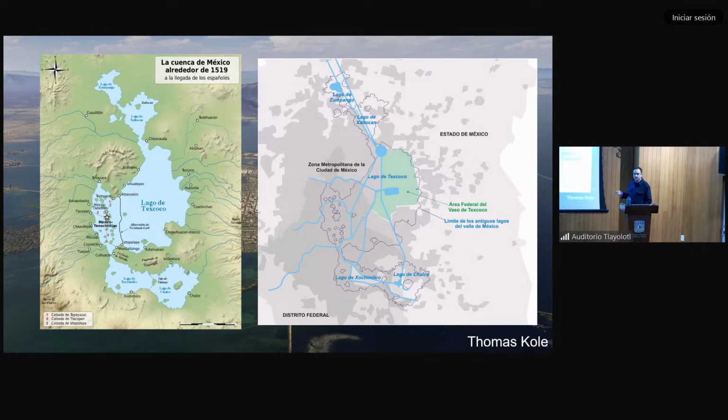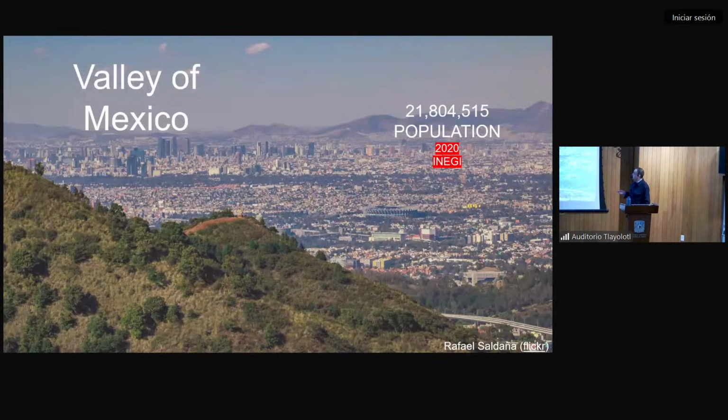What happened with this lake system was something very simple and straightforward. We have a big population, actually. This is the population in the official census of Mexico and the Valley of Mexico: 21 million inhabitants.